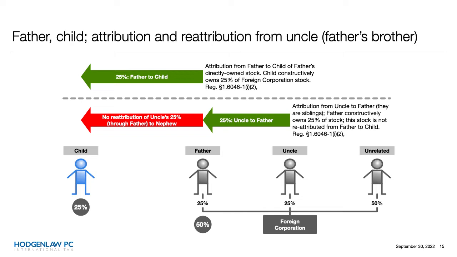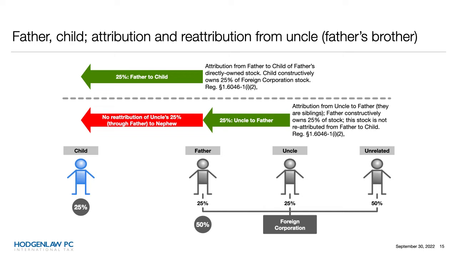You can see the numbers in the black circles below that we're going to treat child as a 25% shareholder of foreign corporation, constructive ownership, and we're going to treat dad as a 50% shareholder of foreign corporation, 25% directly, and 25% by constructive ownership, by attribution from sibling.